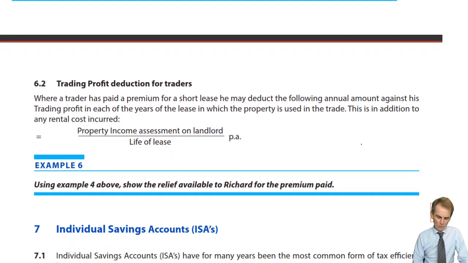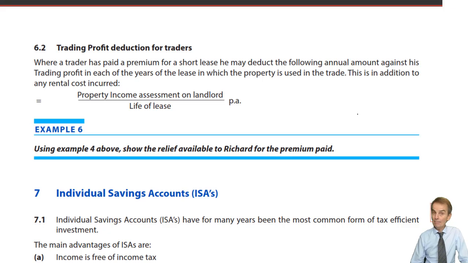Okay, well, hopefully you were okay. You were good in terms of that exercise, and we're okay now with working out how to determine on any premium received on the granting of a short lease what the income element is to be taxed as property income in our relevant tax year 2018-19.